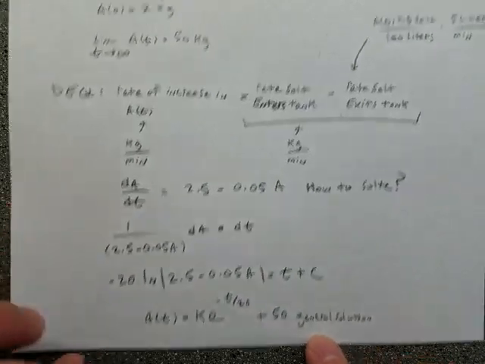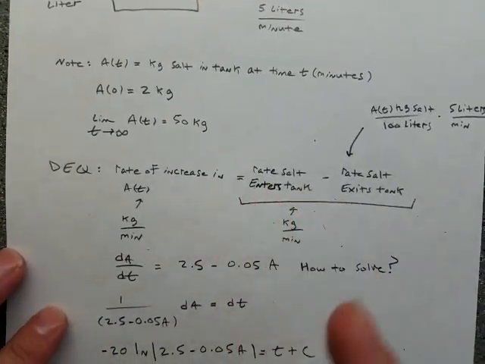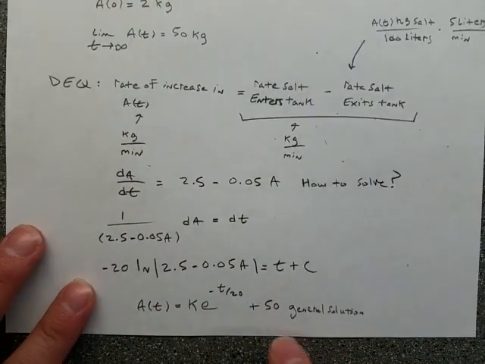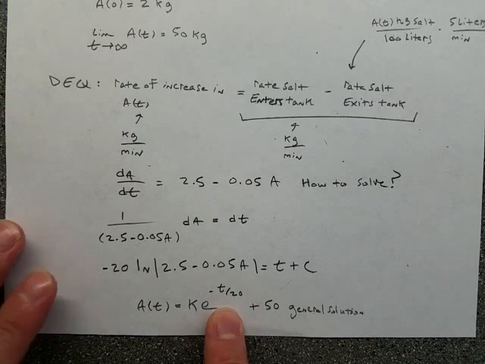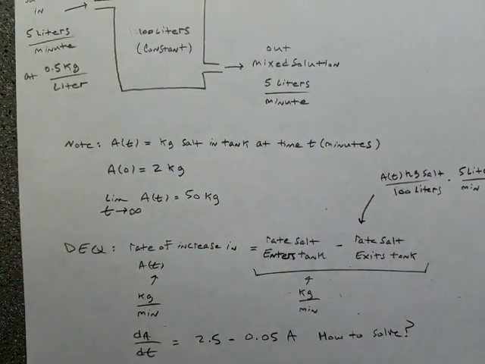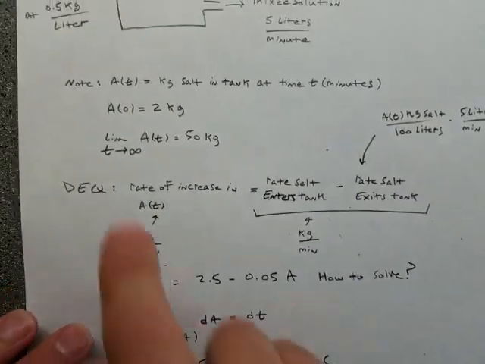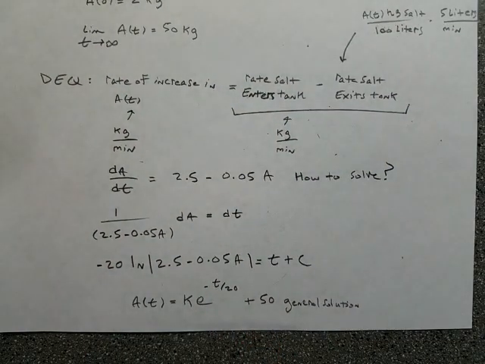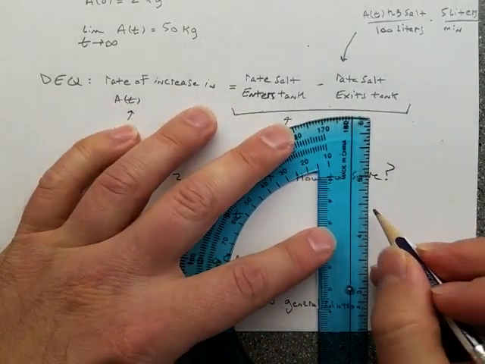And what's that mean? Well, if this is the way salt goes in and goes out, then the function a of t has this general form. Now, if I know how much salt you start with, that's an initial condition. And I do know that, and that would turn a general solution into a particular solution. So let's do this now.